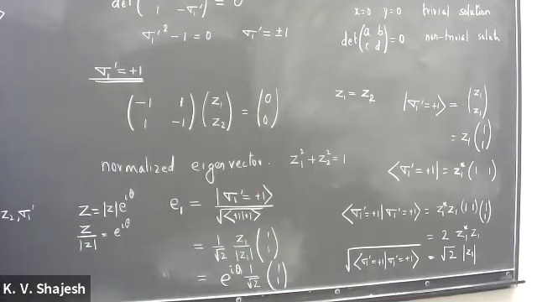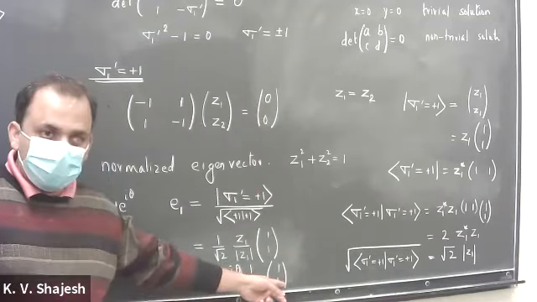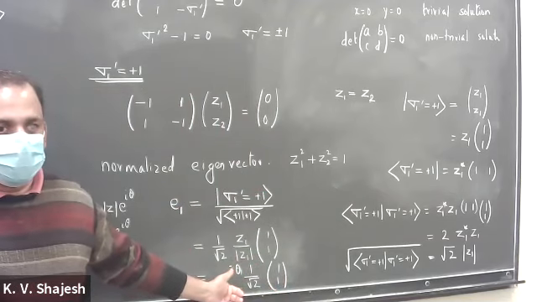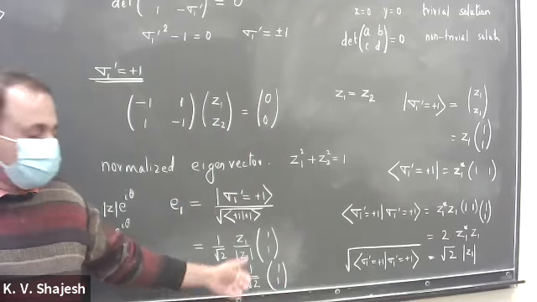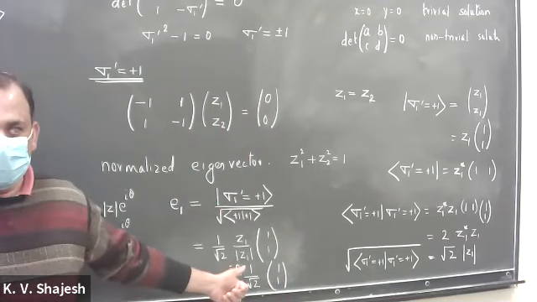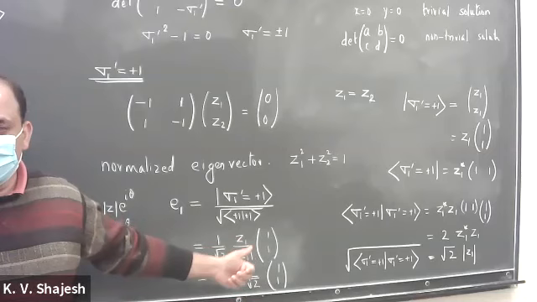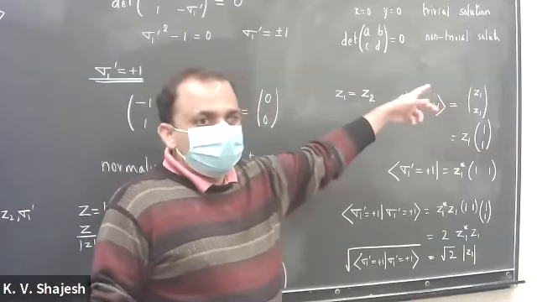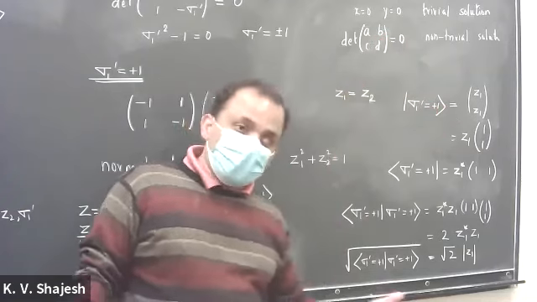So what is the normalized eigenvector? That is surely 1 in magnitude, but this part is off. You can choose any phase and it's a solution. So how many eigenvectors are there? There are plenty of them. Now I'm saying normalized eigenvector.